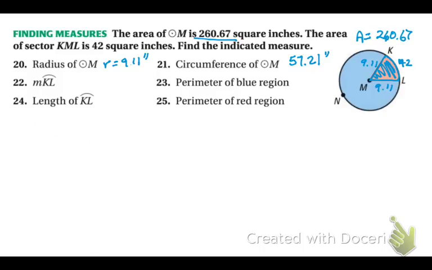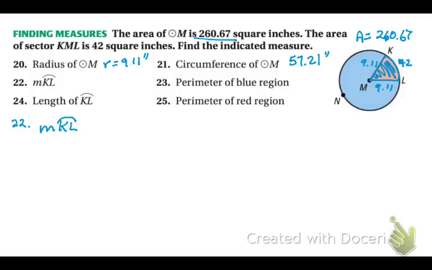Now let's look at number 22. We're looking at the measure of arc KL. Remember, the measure is the number of degrees. It's not the length, it's the measure of that arc.